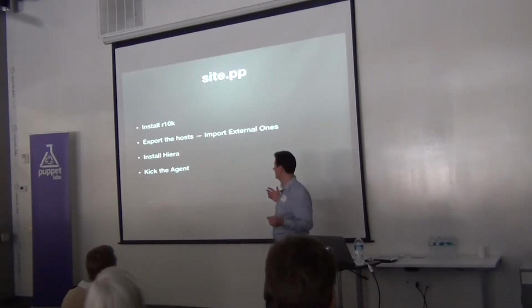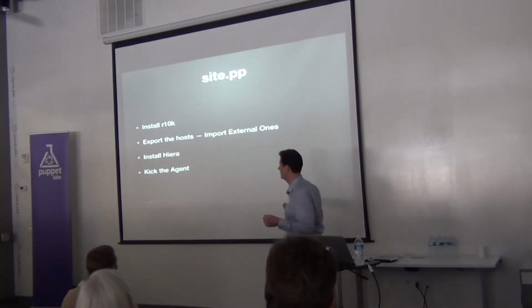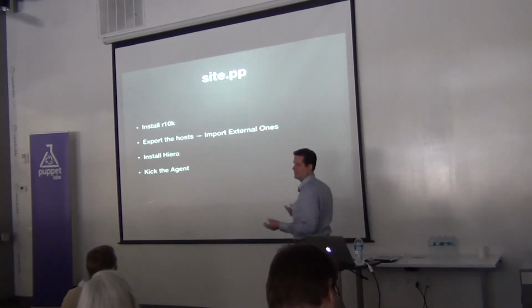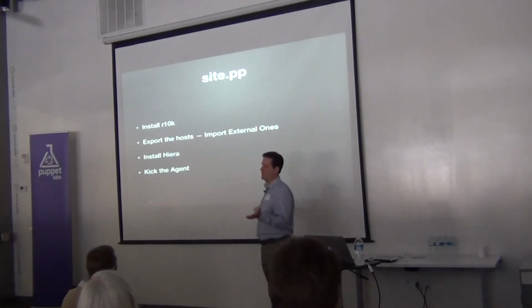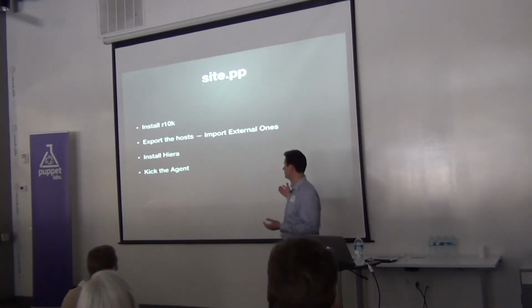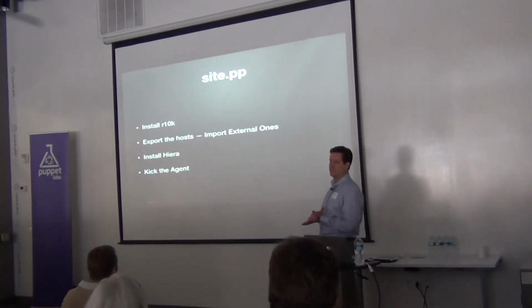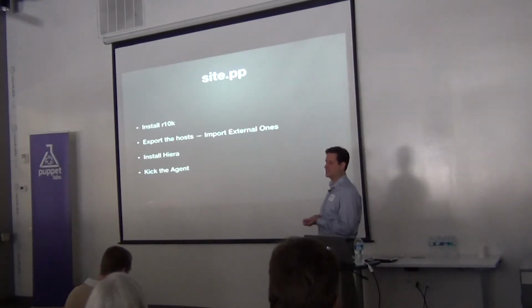So we kick around our agents a lot. When you're developing, you're going to be kicking it all the time. Kick the agent basically says, run the agent on whatever node, including the Puppet Master. The Puppet Master agent gets run a lot. Any other questions?